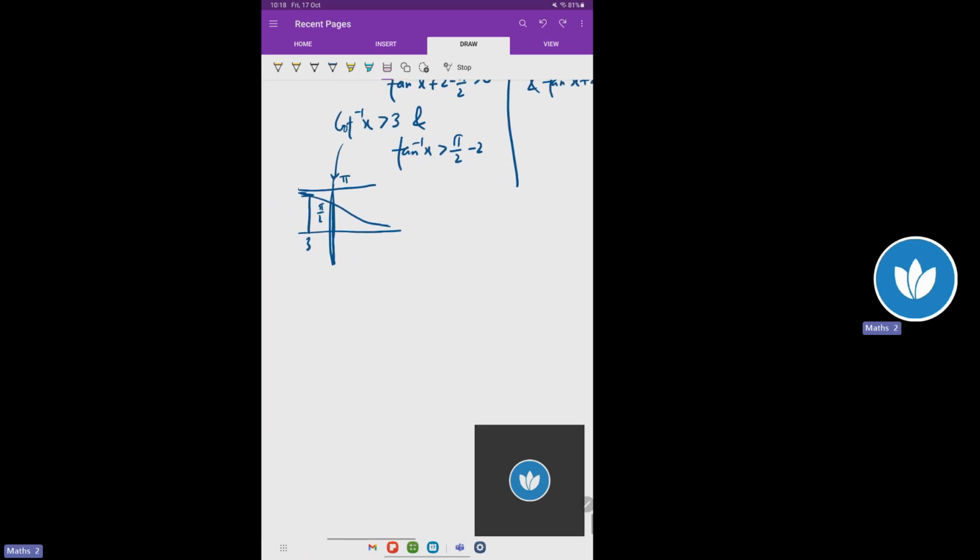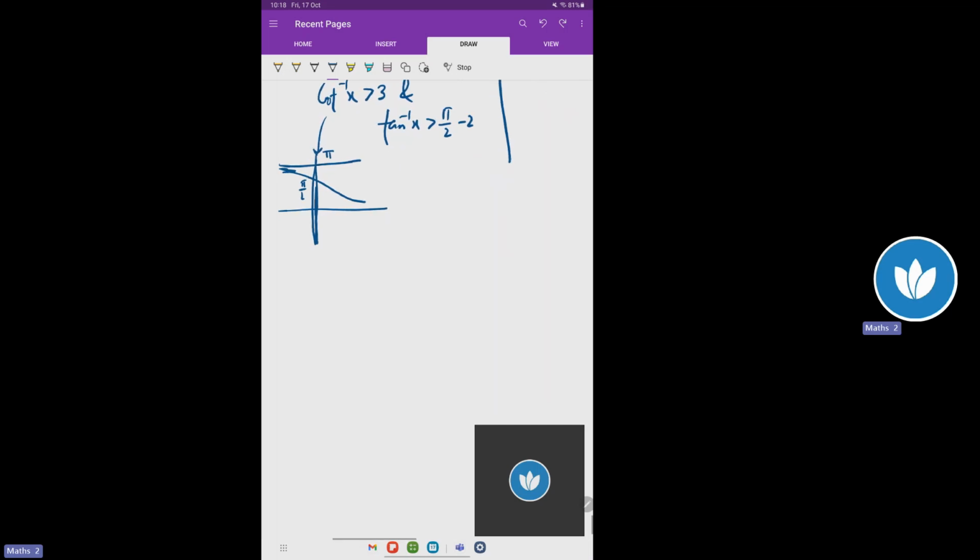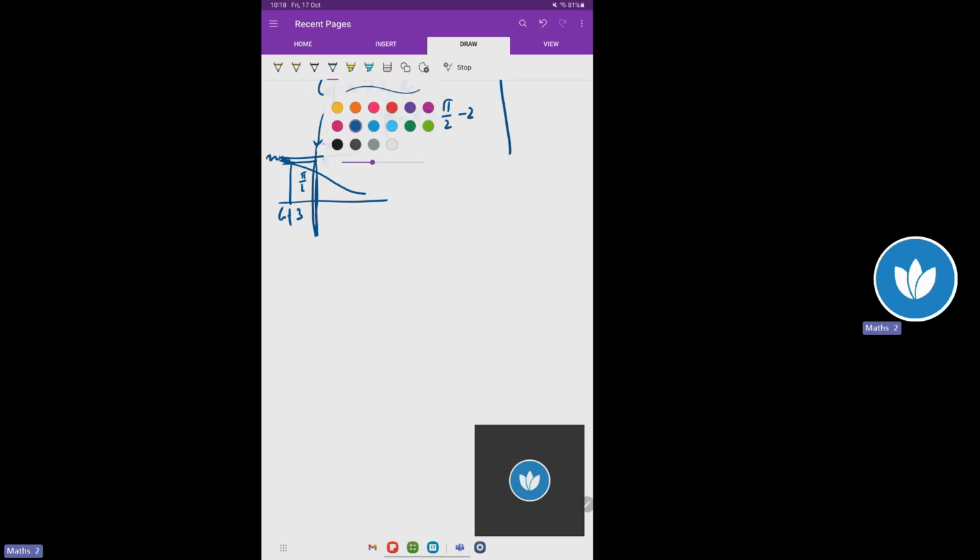So when this takes value 3, which is just less than pi, at cot 3. So if you want cot inverse x greater than 3, it means you want it in this section, so x should be less than cot 3.